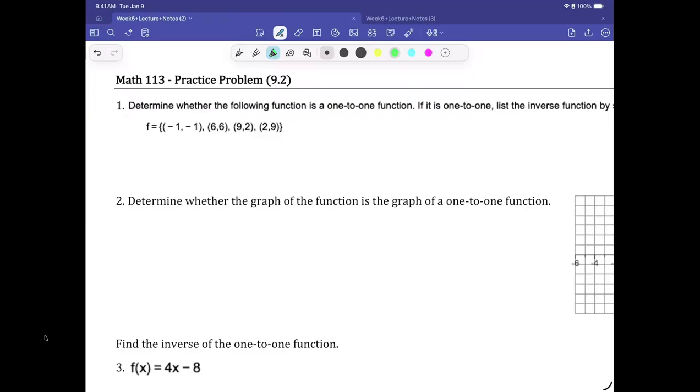So 9.2 practice problem. Number 1 is inverse. Before we do this, is it one-to-one or not one-to-one? That's the question, right? We have x values -1, 6, 9, and 2, and then we have y values -1, 6, 2, and 9. There is no repeating number. So this is one-to-one.